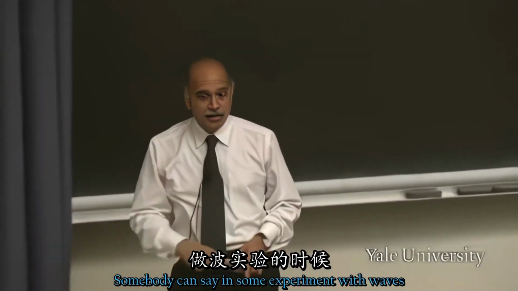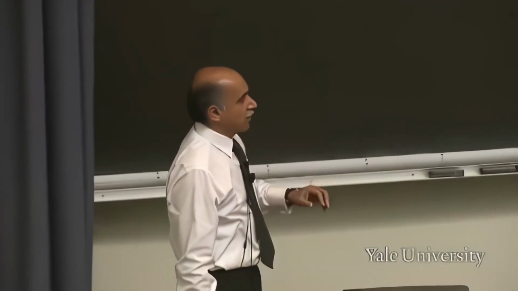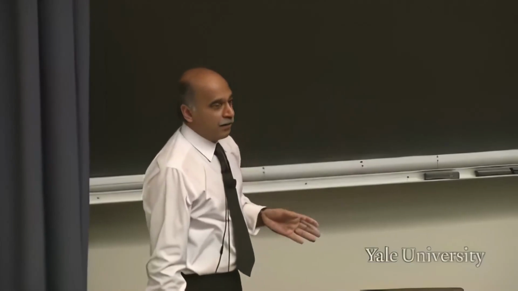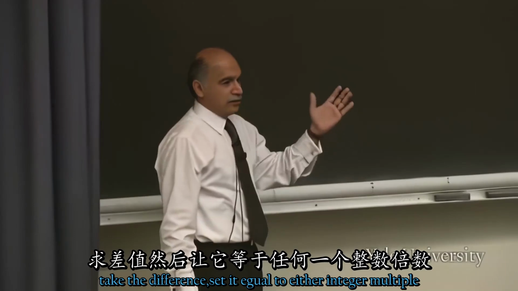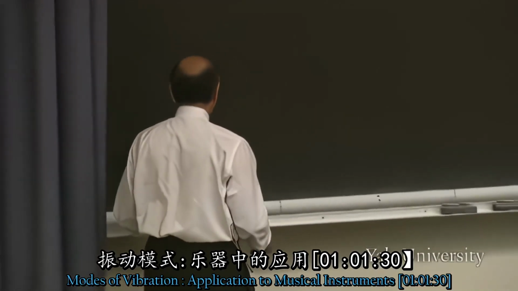Somebody can say, in some experiment with waves, I find the first minimum at that angle. What's the wavelength? The distance between the slits is so and so. But the basic idea is really to find the path lengths, take the difference, set it equal to either integer multiple or half integer multiple of the wavelength.